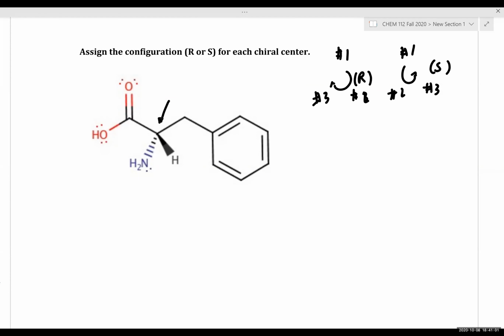And just as a reminder, you can use the annotate tool at any time to write out your group priority numbers and assign priority to each of the groups for this molecule. And let's try to get some assigned configurations in the chat.